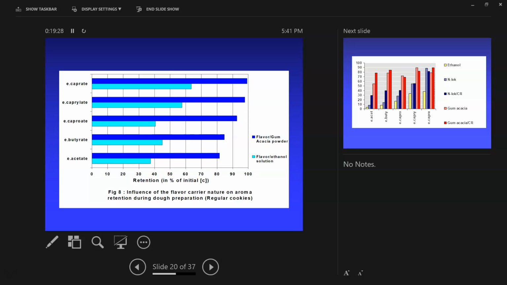And it certainly does. The blue bar is the retention if we add ethyl acetate as an encapsulated product. So the encapsulated product has more retention than adding the flavor as a liquid. So encapsulation does offer some protection to the flavoring material.